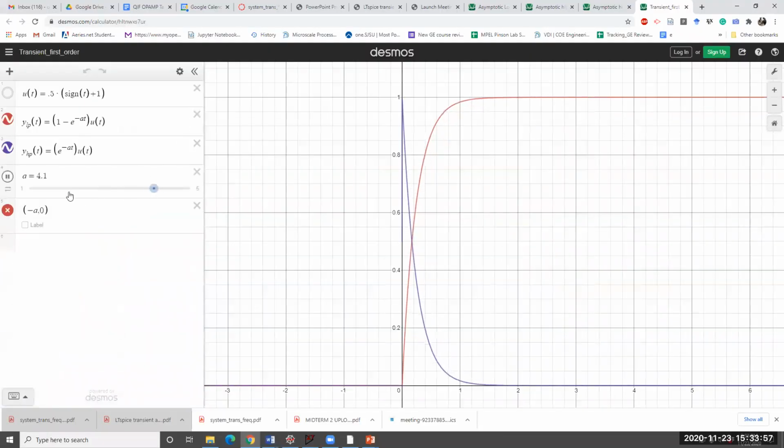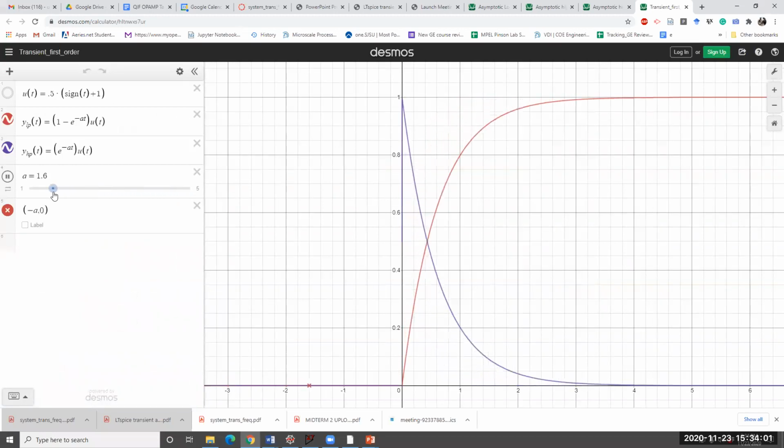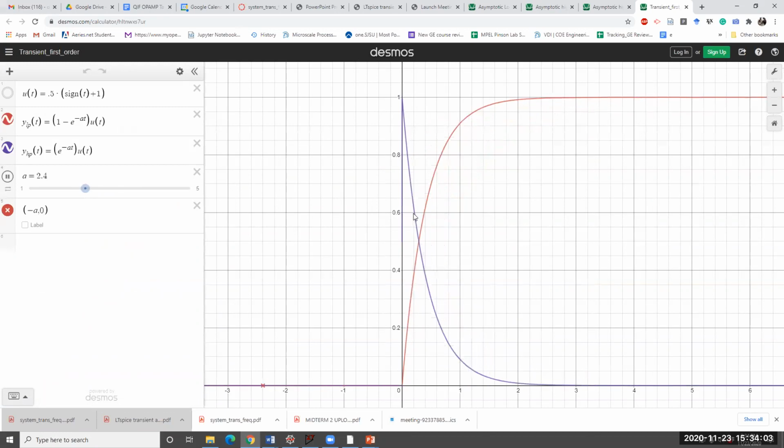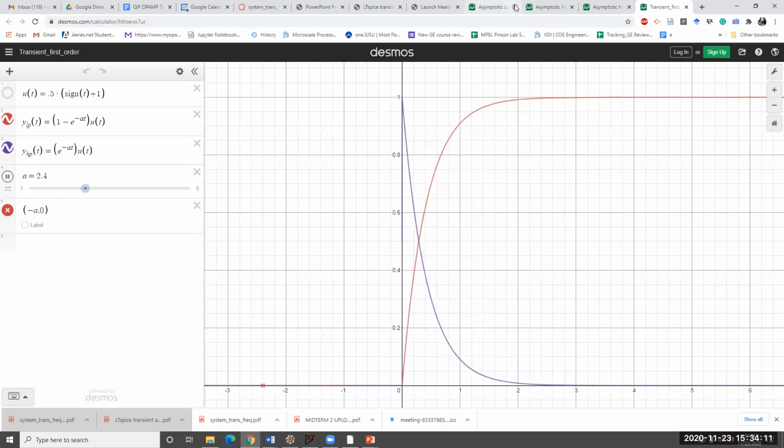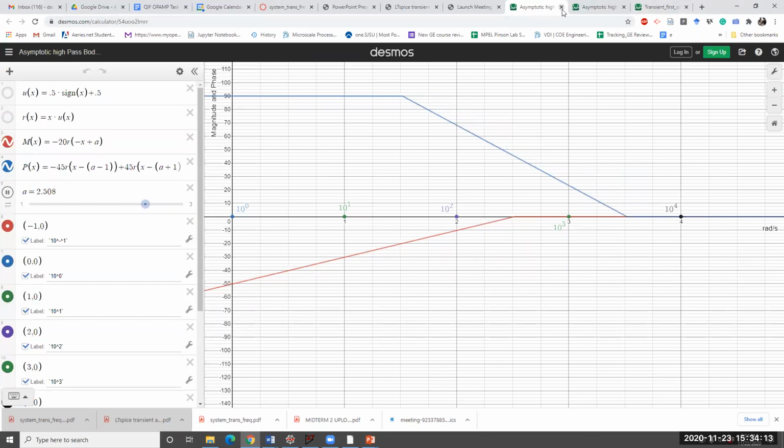The purple is the high pass, the red is the low pass, and I'm just changing omega naught. You can just see that 5 tau is changing, right? That's kind of hypnotic, so I'm going to have to stop.